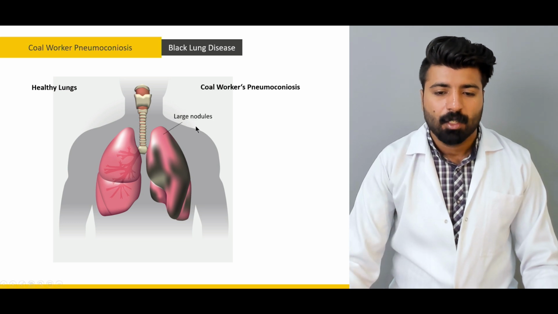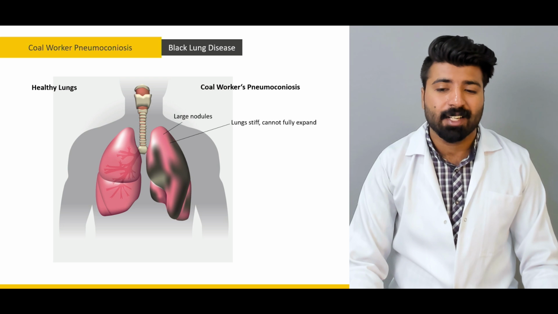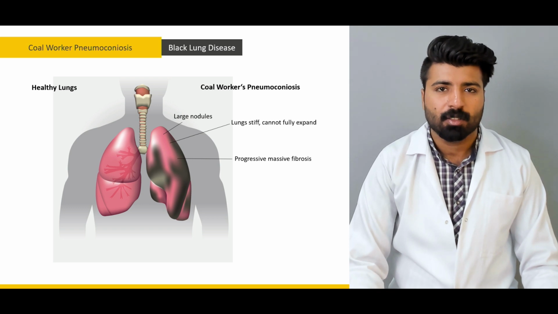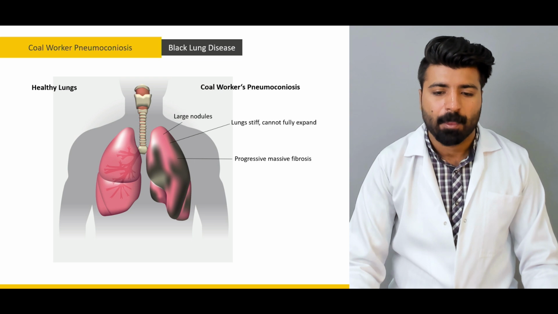As you can see, large nodules are formed inside black lung disease. These nodules vary in size. That lung gets stiff and it cannot fully expand because many areas are not functioning at all. It's decreasing the total lung capacity.